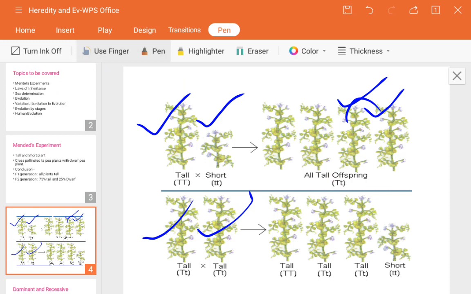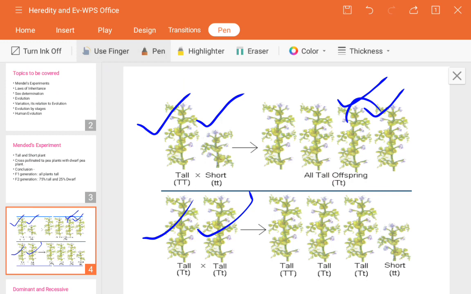It means that both initially the father and mother, the first characters he chose, were taller and shorter in height. The shorter character was also along with the taller plant, but in a hidden manner.